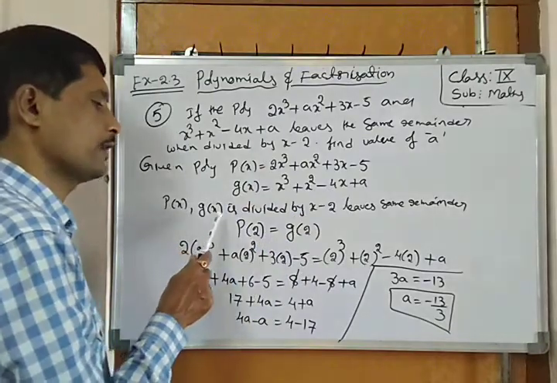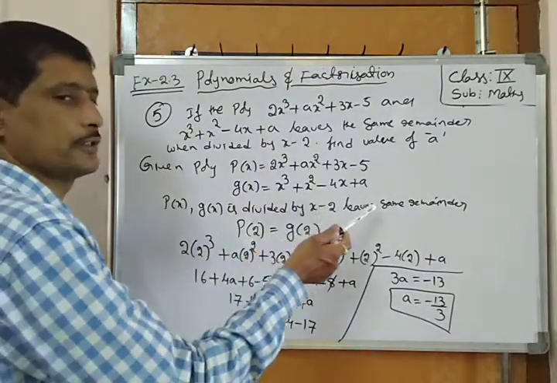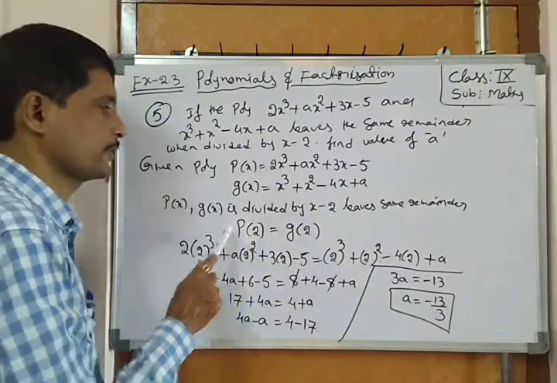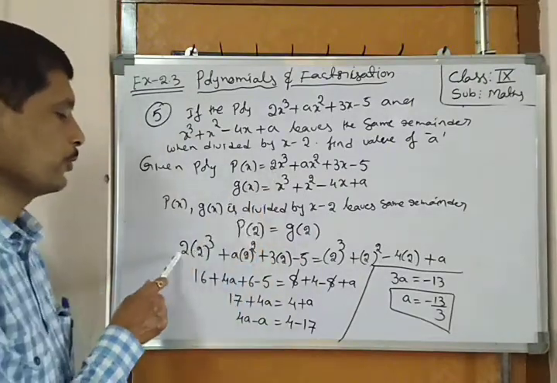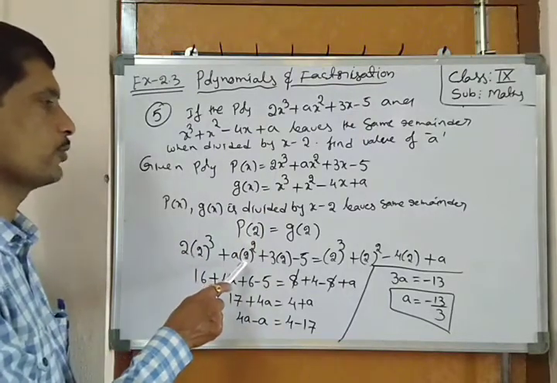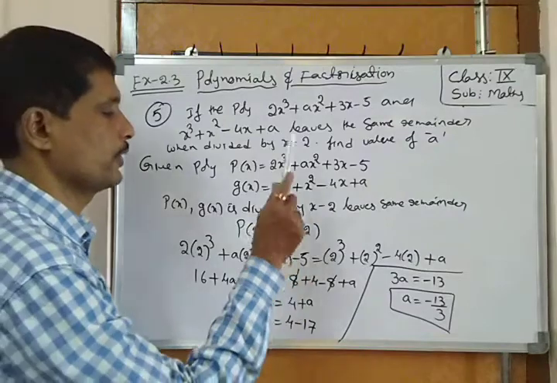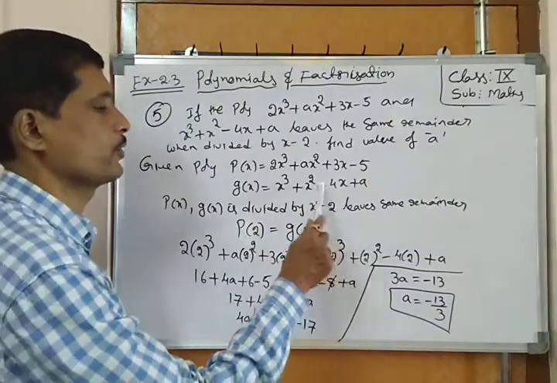Since p of x and g of x divided by x minus 2 leave the same remainder, p of 2 equal to g of 2. Therefore substitute 2 in place of x: 2 into 2 whole cube plus a into 2 whole square plus 3 into 2 minus 5 equal to 2 whole cube plus 2 whole square minus 4 into 2 plus a.